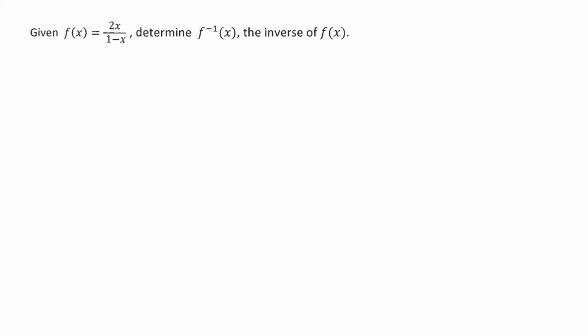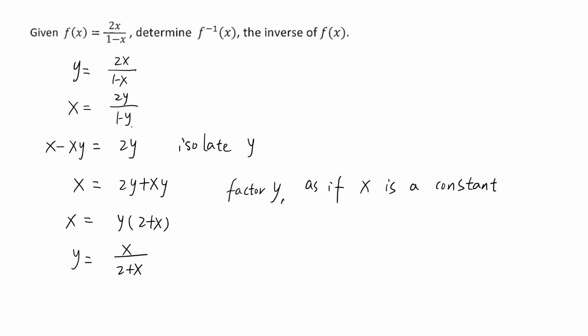But sometimes they will give you some difficult questions, just like this one. I see many students have trouble when calculating the inverse. So let's take a look. We know that y equal to 2x divided by (1 minus x). First step, we interchange x and y.